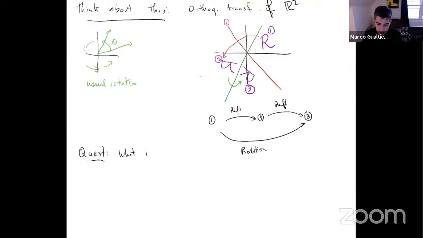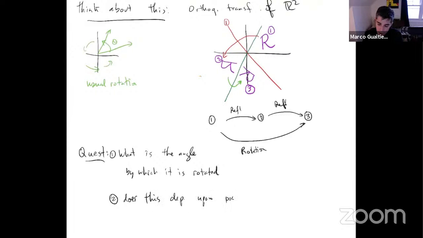What is the angle by which it is rotated? Number 1. And number 2, does this depend upon the position of the mirrors? Puzzle. Okay, think about it. Next week, we'll see the answer.